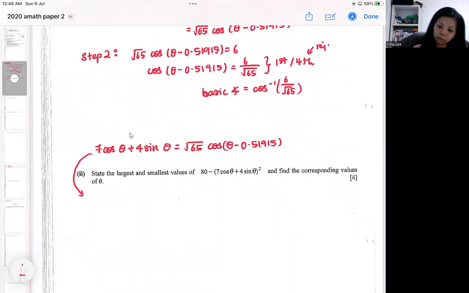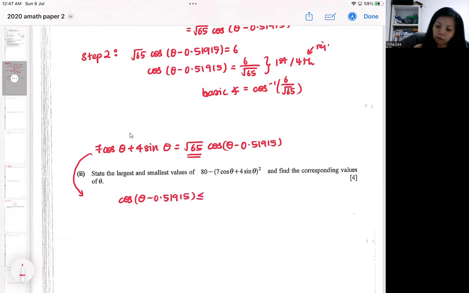It usually starts from this part. Think about the cosine. A cosine function is always between 1 and minus 1.